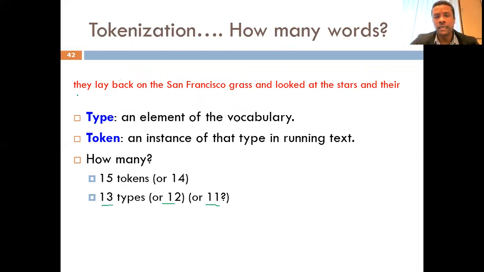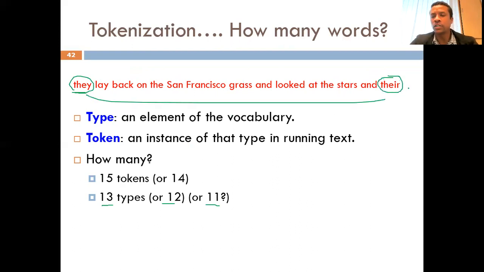So in this case, if you look into these words, the word they and the word there, one is the derivation of the other. And if you see the word there, it appears twice, so you don't have to count it twice. And if you see the word end, again, it appears twice, so you don't have to count it twice in this case.